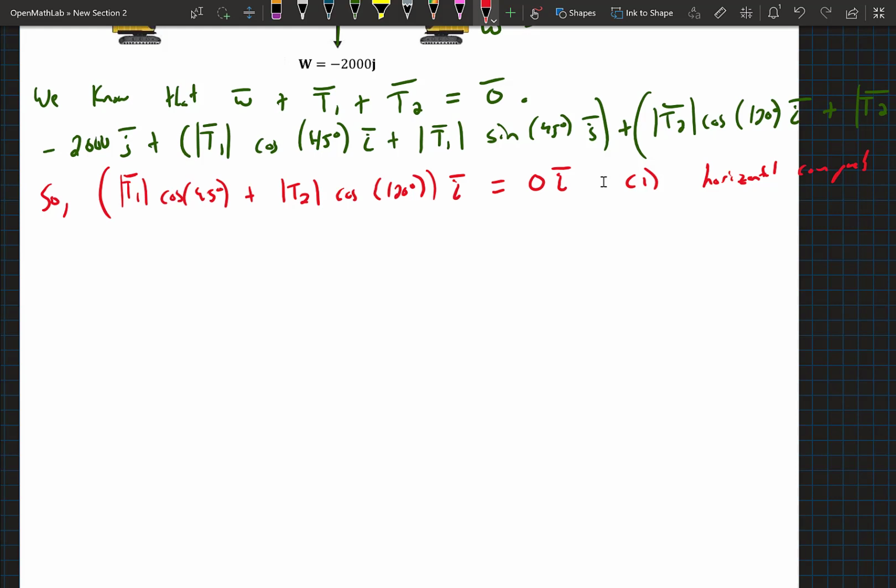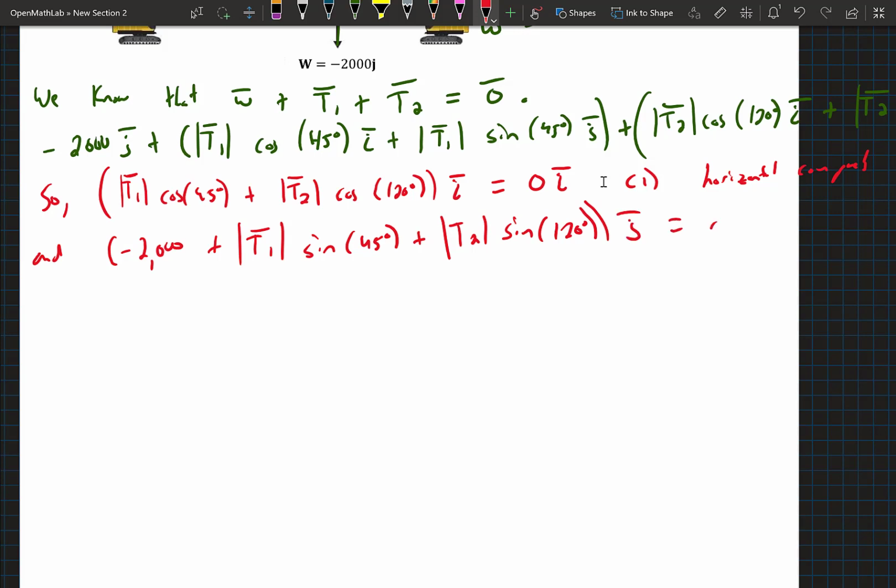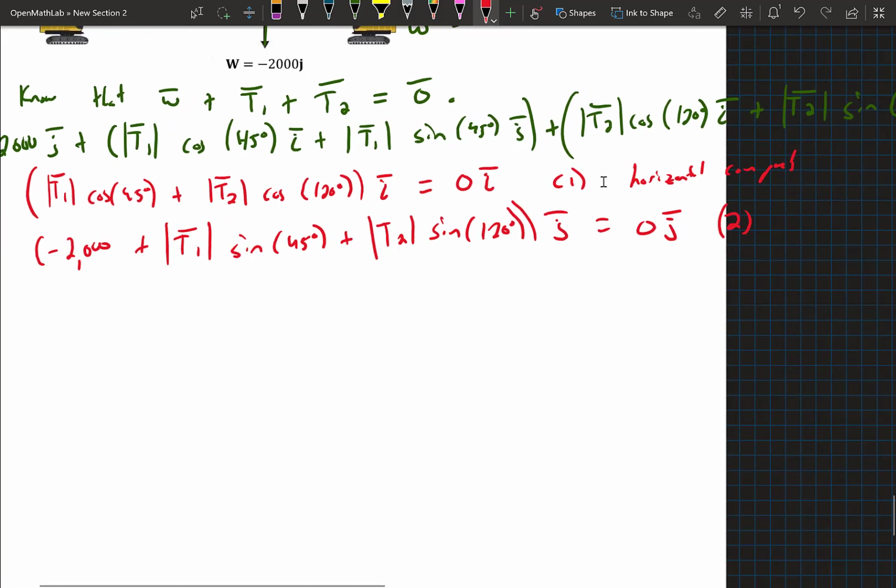And so now we can look at the vertical components. That would be negative 2,000 plus the magnitude of T1 times sine of 45 degrees plus the magnitude of T2 times sine of 120 degrees. This all times vector j must be equal to 0 times vector j. I'm going to call this equation 2, and as I said, these are the vertical components.